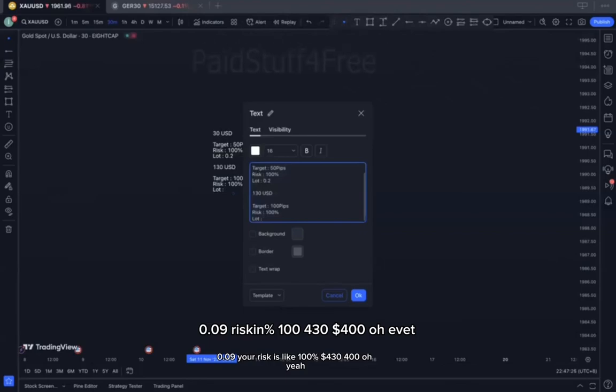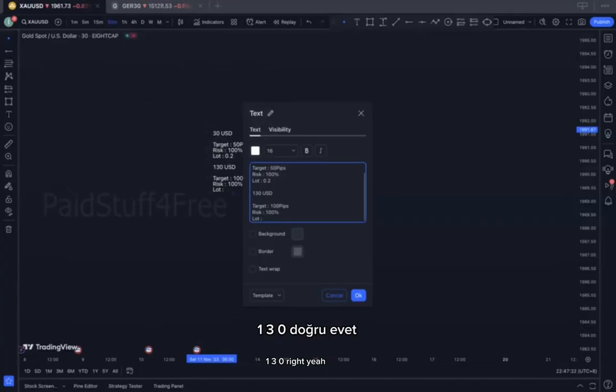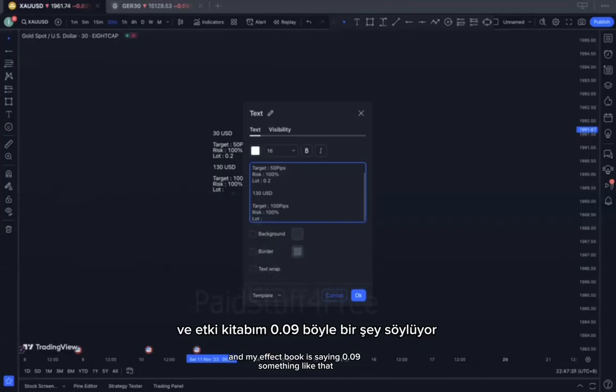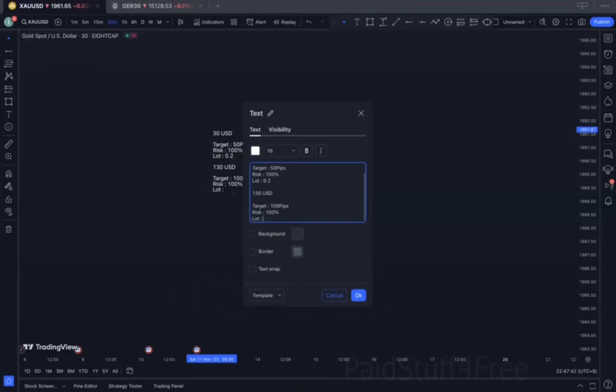Your risk is 100%. Account size 130, and stop loss 15 pips, 150, right? Press calculate. You will get like 0.8 something, if I'm not mistaken.